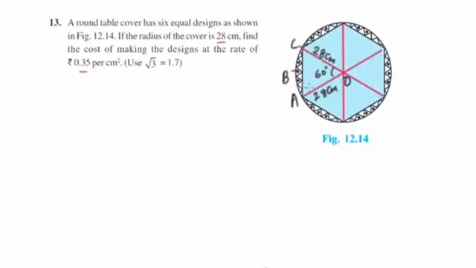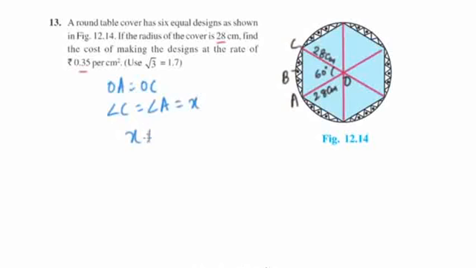So let's find the area of sector. As we can see that there are 6 equal sectors. 1, 2, 3, 4, 5, 6. So it will be 360 divided by 6, which is same as 60 degree. So one of the sector will subtend an angle 60 degrees. And we also know that OA is equals to OC, that is the radius, which means angle C equals to angle A. Let's take it as x.